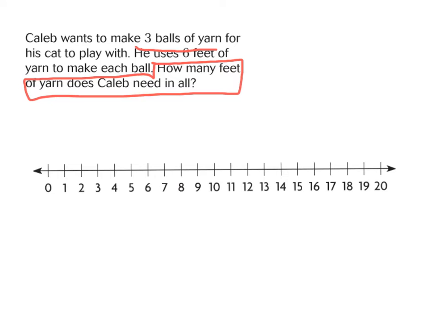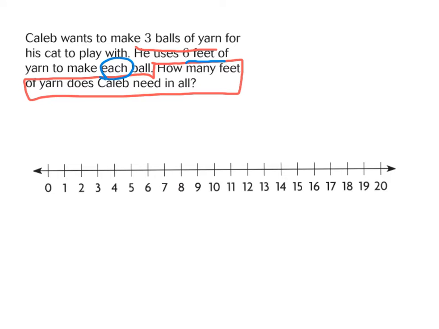When we continue, we can get more information. It says he uses 6 feet of yarn to make each ball. So that's another bit of important information because it's telling you the length of the yarn for each ball. So it's 6 feet for each ball.